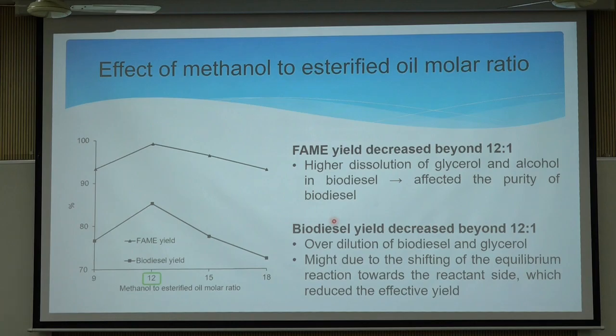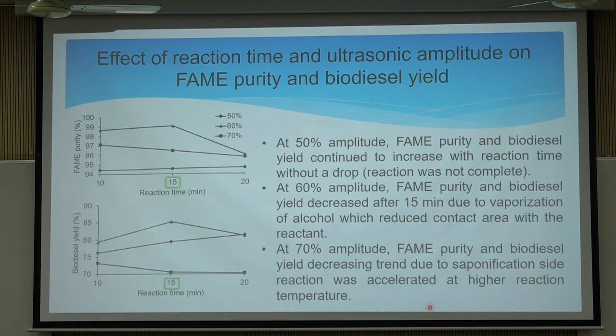Beyond 12, we have over-dissolution of the biodiesel and glycerol, due to the shifting of the equilibrium toward the reactant side, which reduces the overall efficiency, because this is a reversible process.